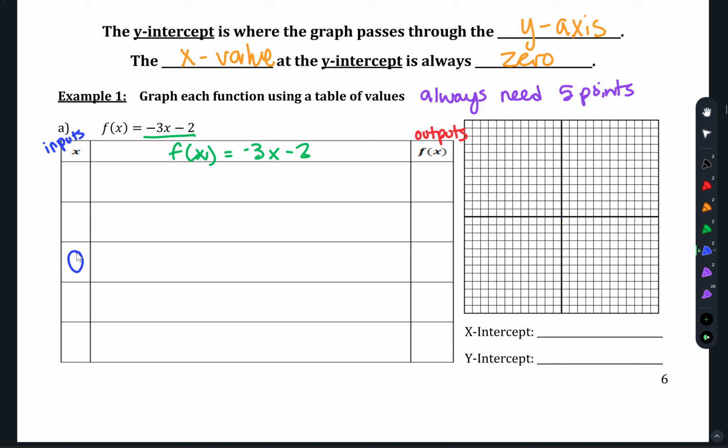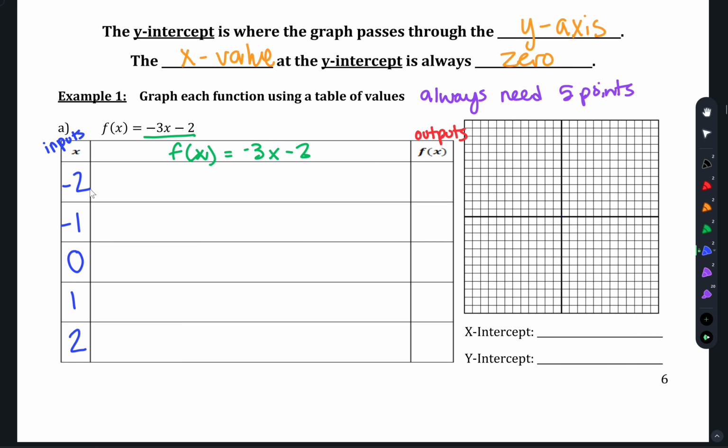I always say, make our lives easier, pick some easy values. So I would always go with 1, 2, negative 1, negative 2. Those are the easiest things for me to plug in. You can really pick whatever you want. However, these values will be correct every single time if you do these 5 values. 0's in the middle, 2 bigger, 2 smaller.